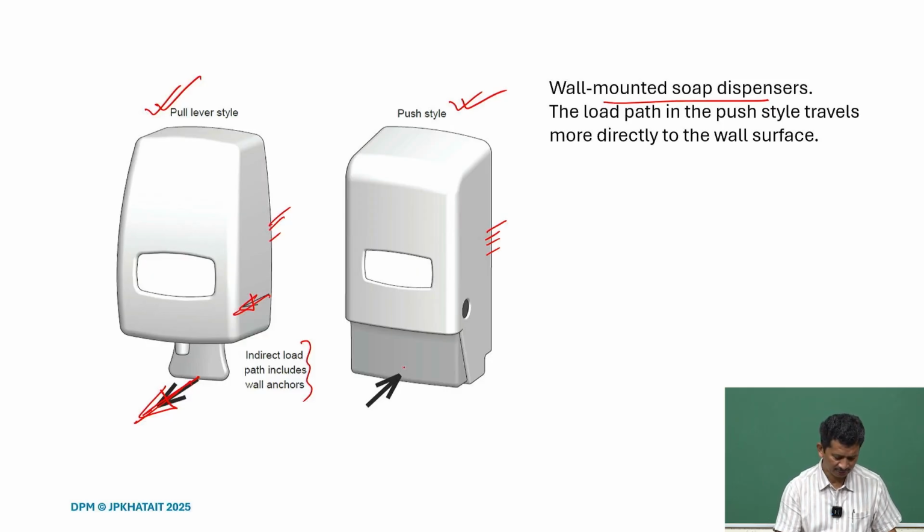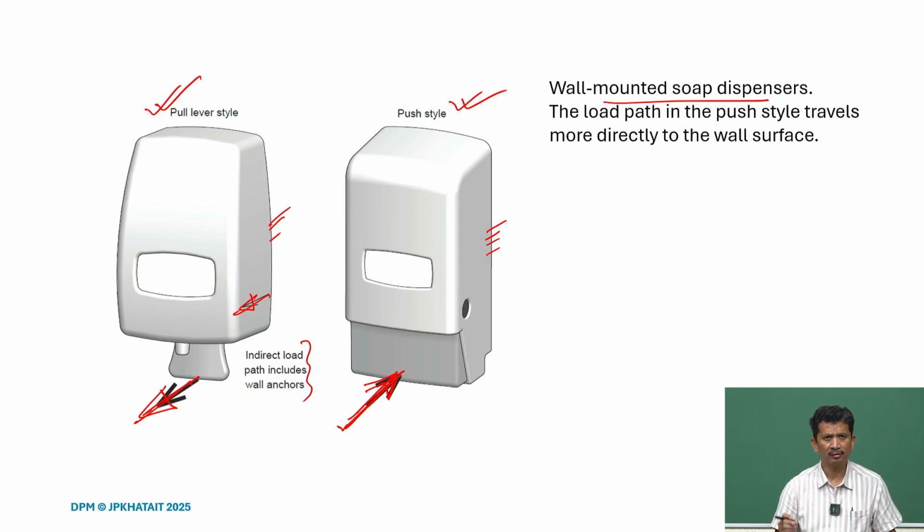On the other hand, if you have the push type, it's direct. You are just pushing against the wall. So, it's direct, and the anchor, everything is not coming into the picture. They are not taking this external load, they are not part of it.